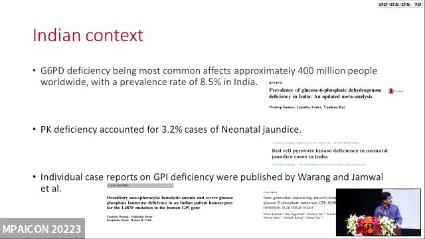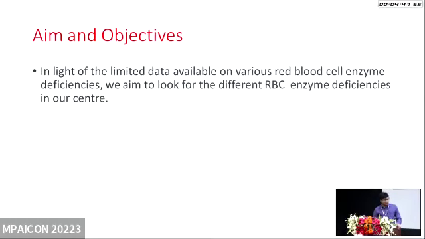Whereas in case of GPI deficiencies, there are very few case reports, and one large series was published by Varughese and Jamal et al. In view of these individual case reports and specific enzyme deficiencies, we tried to look at the different RBC enzymopathies as an overall cohort in our tertiary center in CMC Vellore.